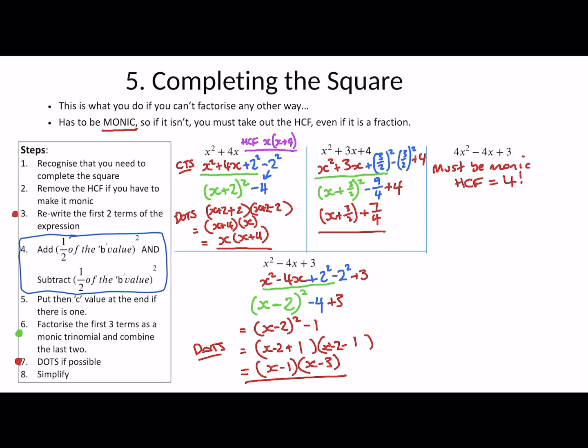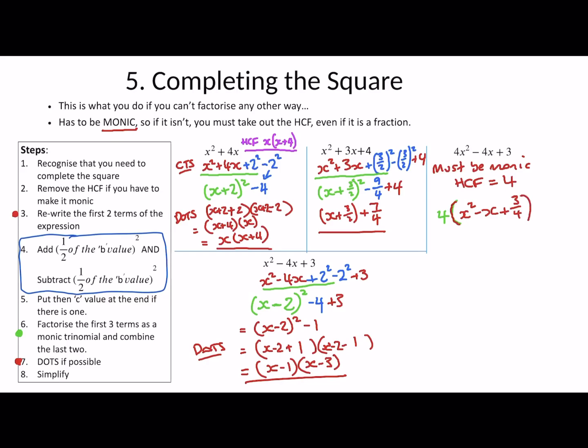Okay, brackets. 4x squared divided by 4 leaves you with the x squared, which is what you want. Negative 4x divided by 4 is negative x. Now, plus 3 divided by 4 is just 3 over 4. Again, you could use the 0.75 if you really wanted, but I'm keeping with the fractions.